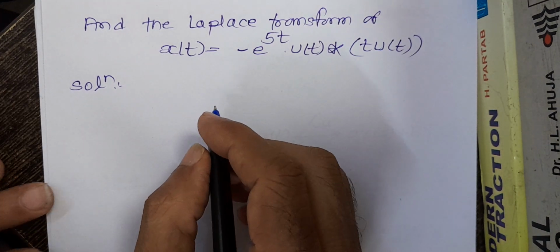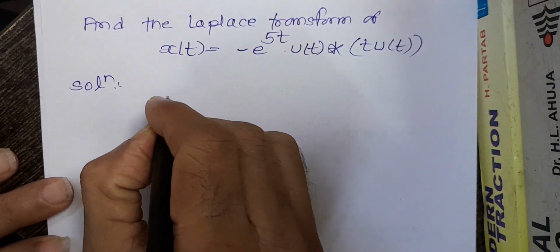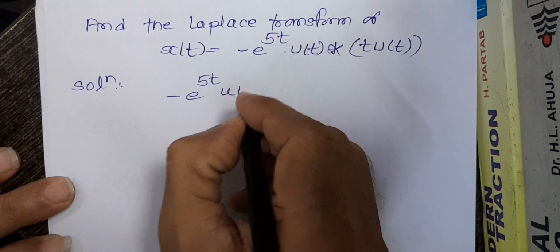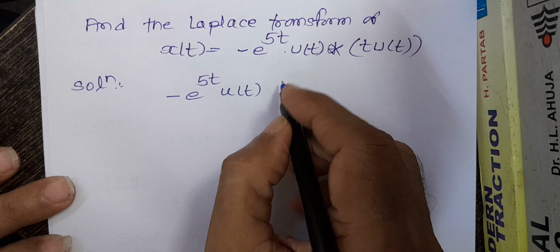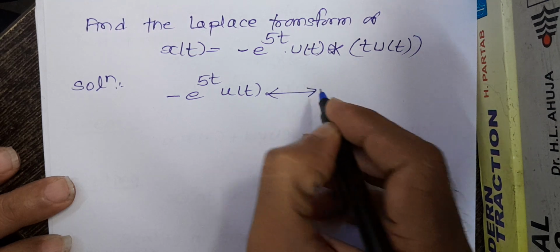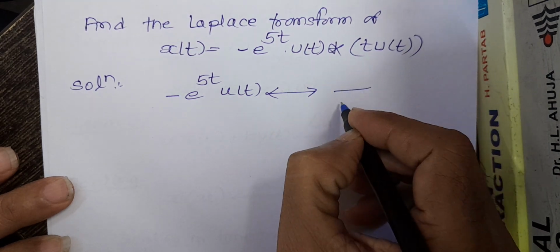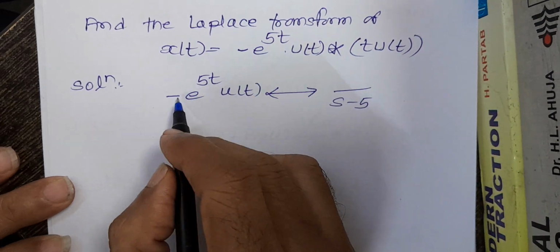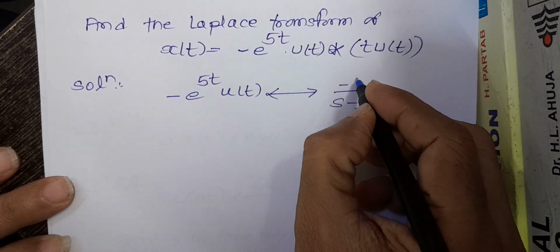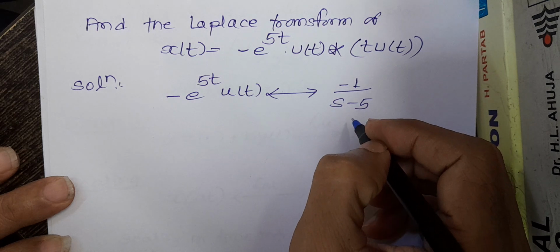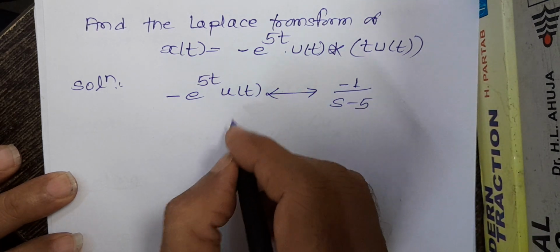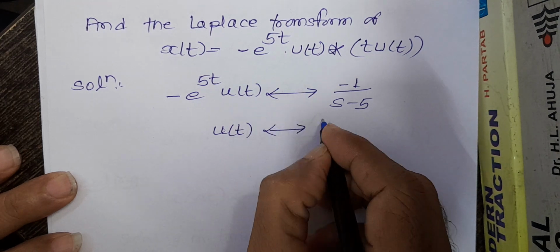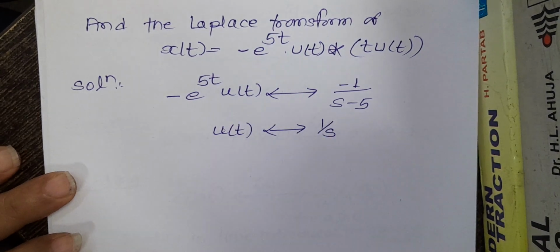So we know that minus e raised to power 5t into u of t. So what is the Laplace transform for this? It is s minus 5 and it is minus sign, so it is minus 1 over s minus 5. And what is the Laplace transform of the unity function? It is 1 over s.